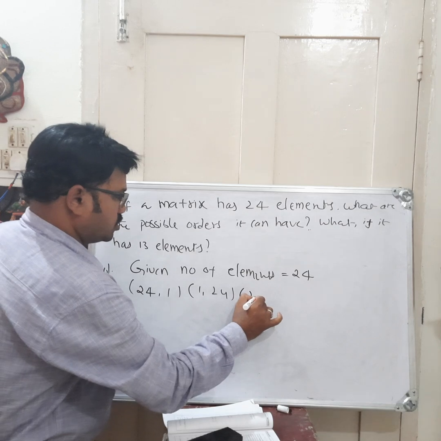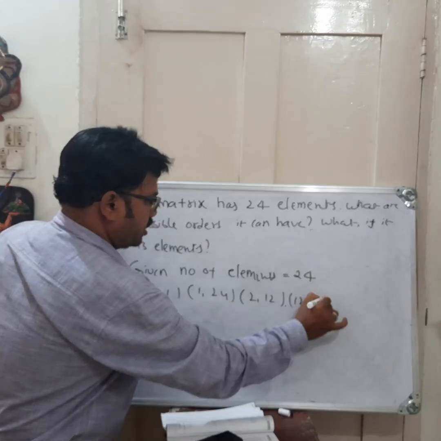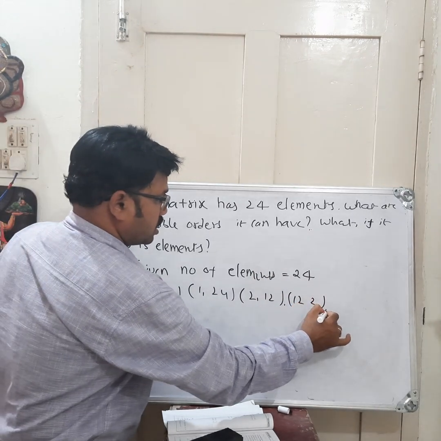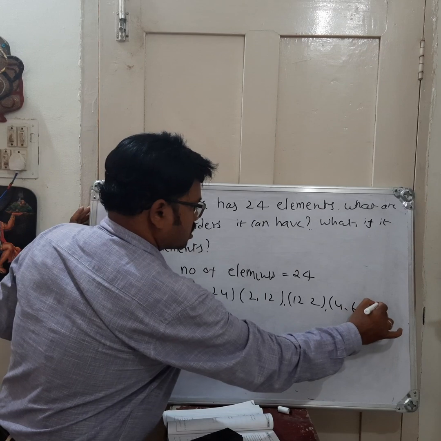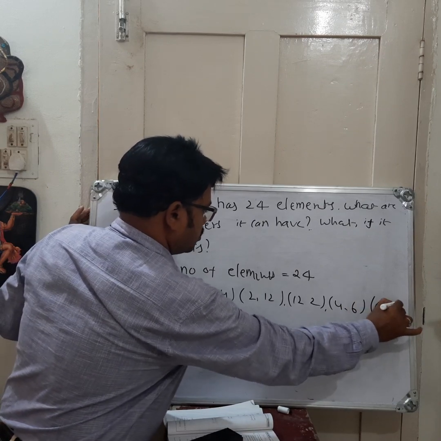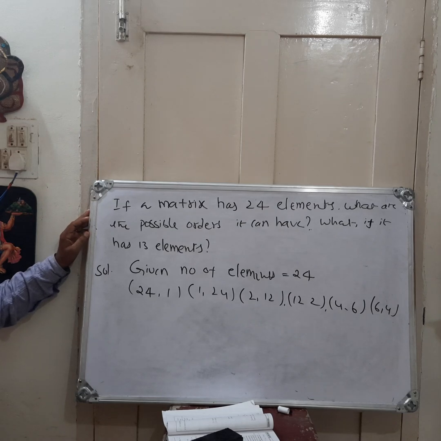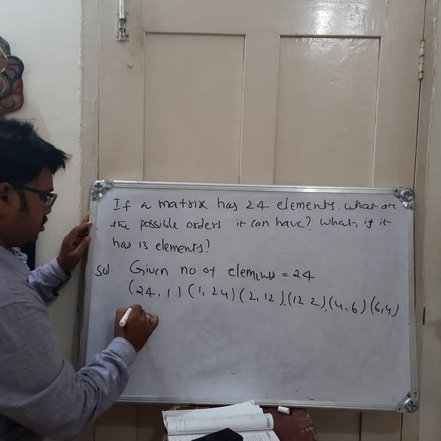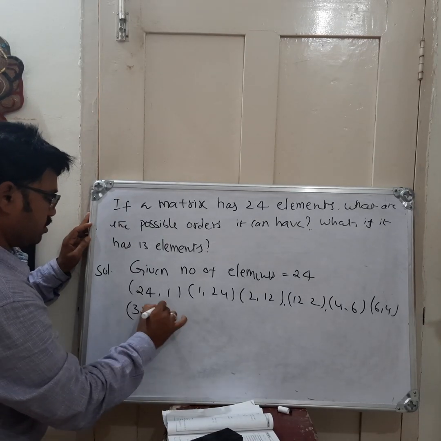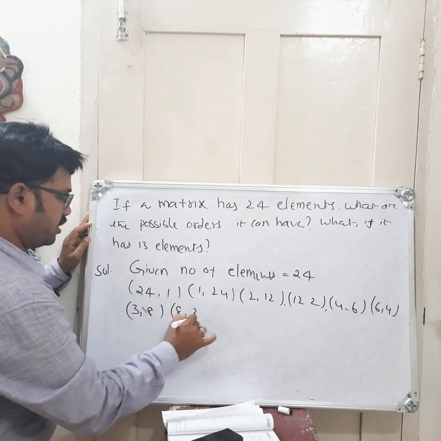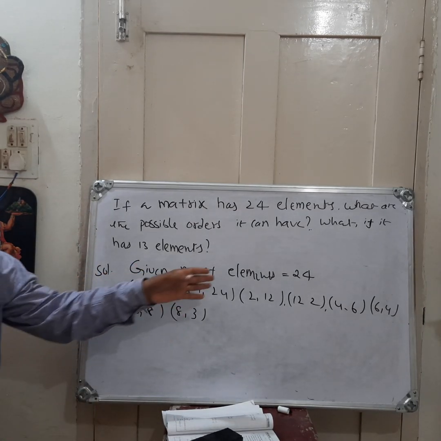Next 2 into 12 or 12 into 2. Next 4 into 6, 6 into 4, and next 3 into 8 and 8 into 3. So these are the factors of 24.